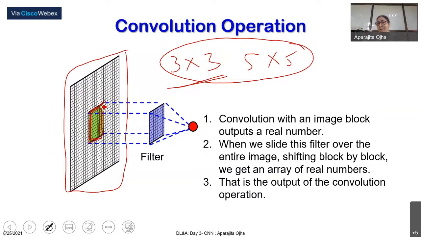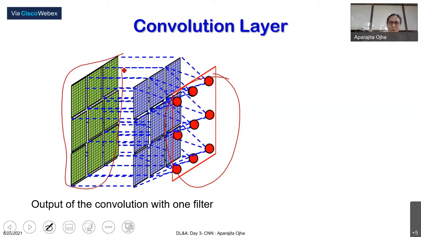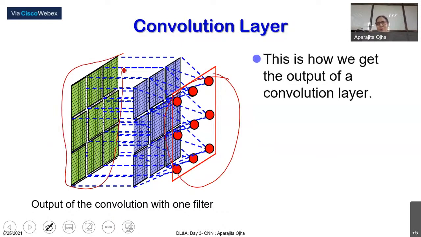But when we slide this filter over the entire image, we get an array of real numbers. That is the output of the convolution operation. So from this image, you get an output like this, okay?